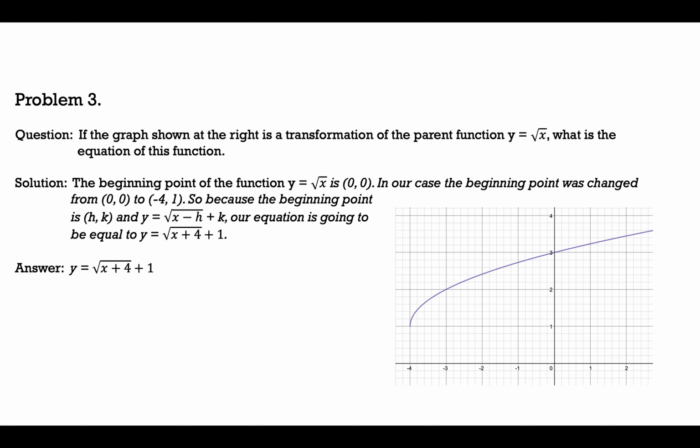In our case, the beginning point was changed from 0, 0 to negative 4, 1. Because the beginning point is h, k and y equals square root of x minus h plus k, our equation is going to be y equals square root of x plus 4, plus 1.